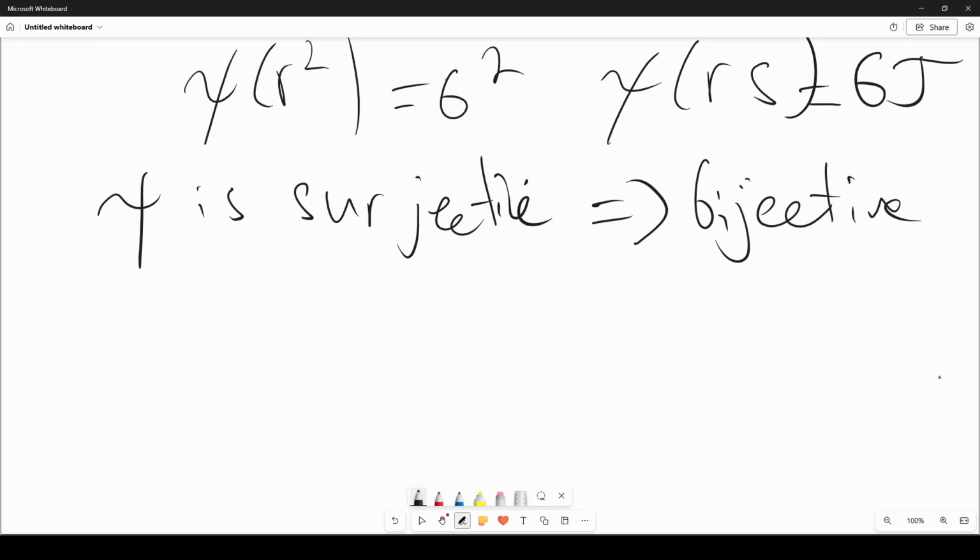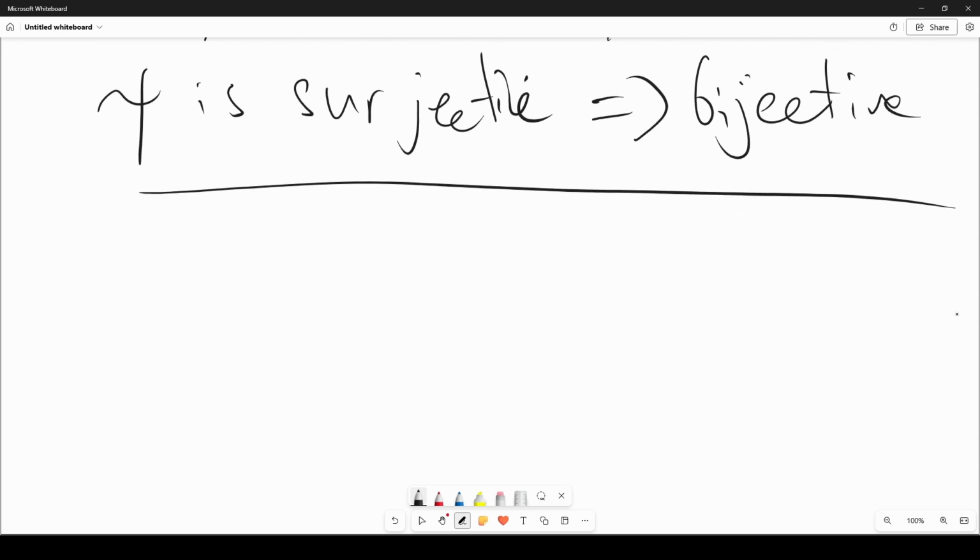Okay. Now let's try to prove some more valuable properties about homomorphisms in general for abstract groups that hopefully will give you an idea of why homomorphism is a good definition for something that preserves structure.